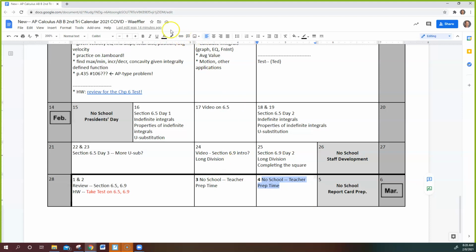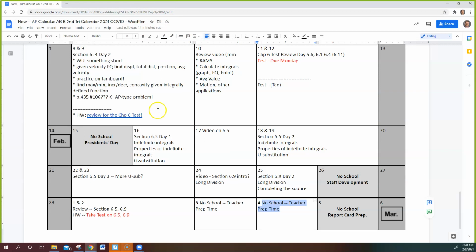So anyways, you may have heard that there is a little bit of a shift in this 2nd trimester here. Next week, this Tuesday is going to be hours 2, 4, and 6. So you guys will be Tuesday, Friday. And then the 22nd and 23rd is going to be hours 1, 3, and 5.